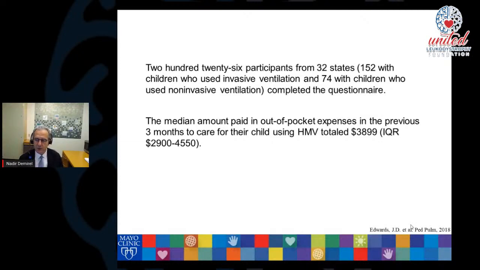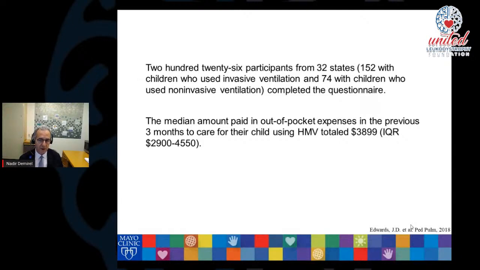The second part of this slide is striking and so sad, and I know many of you are suffering this problem. They looked at the last 3 months and the out-of-pocket expenses on these families.